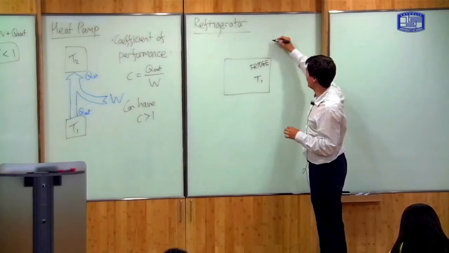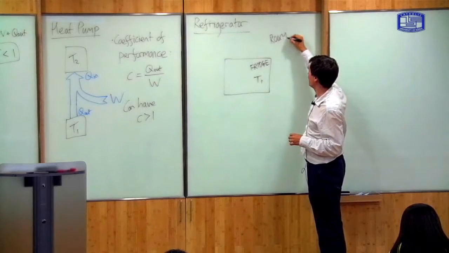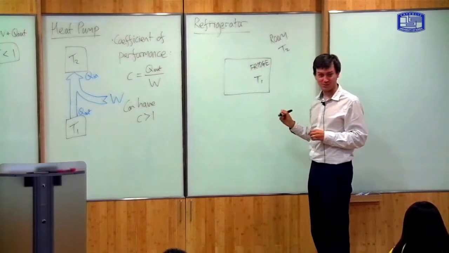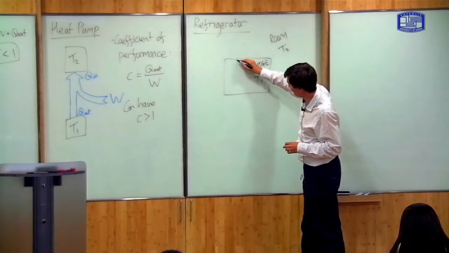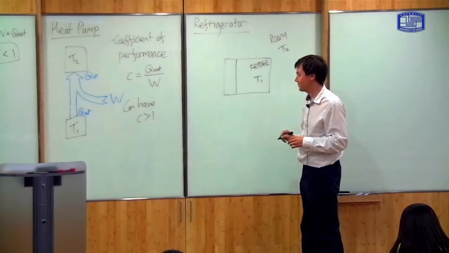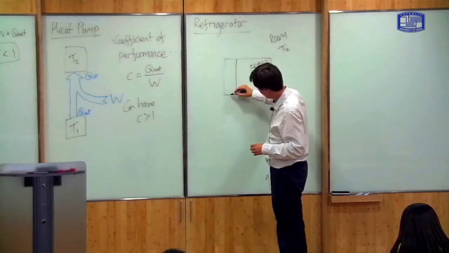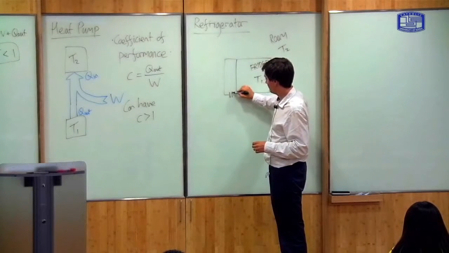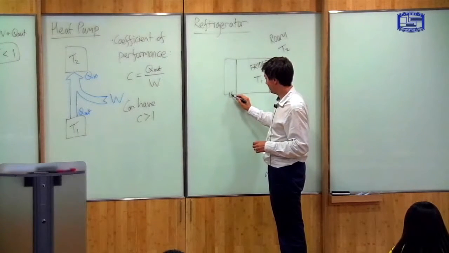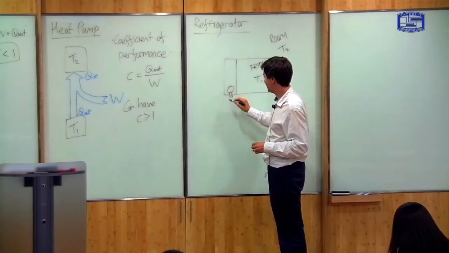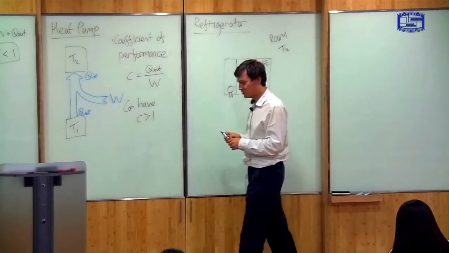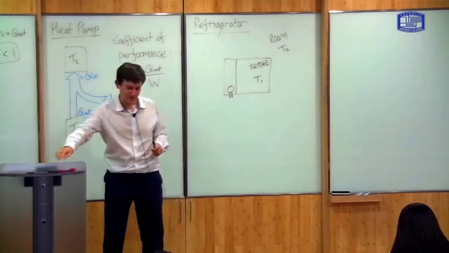Okay, then outside the fridge, this is inside your room, and it's at a temperature T2. Now, in the back of the fridge, there's this heat pump. And there's this thing inside here, which I'll just draw like this, which is called a decompressor.